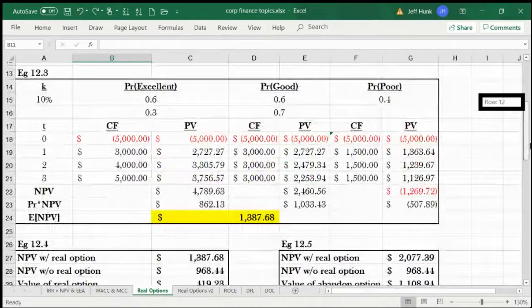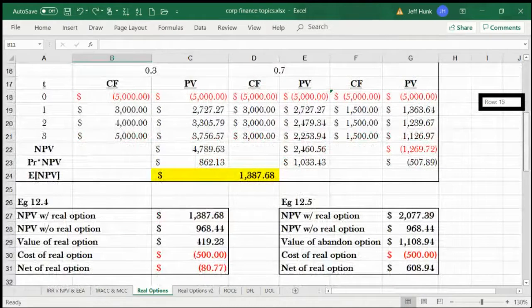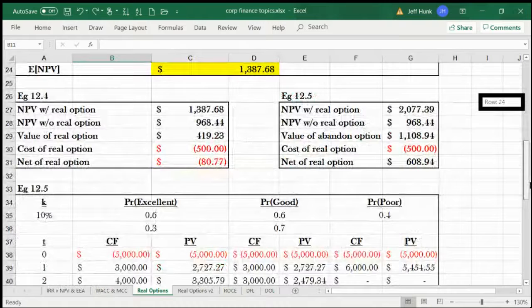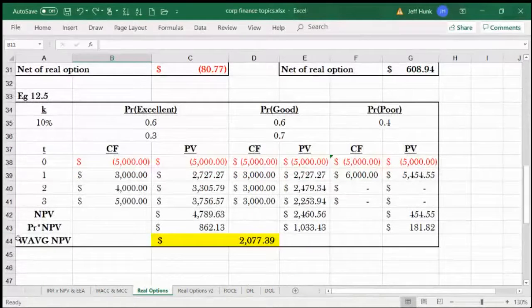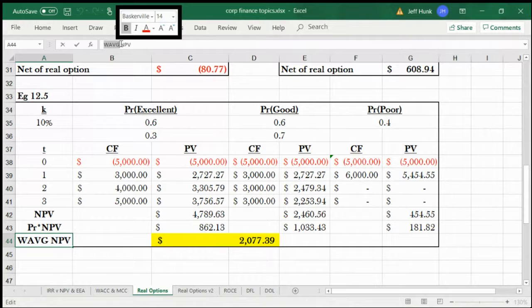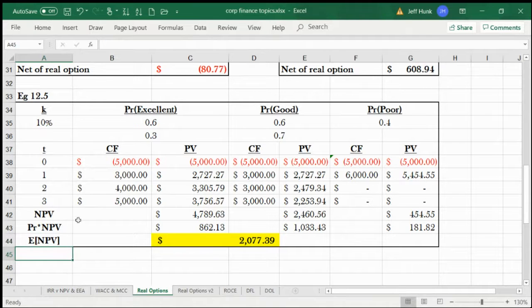Yeah, down there. Something's keeping it like that. Expected net present value.